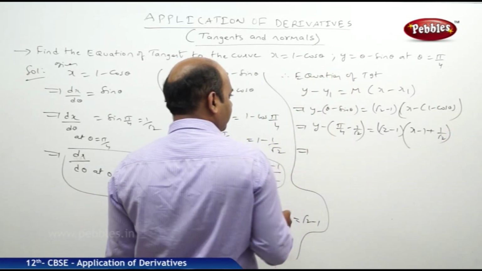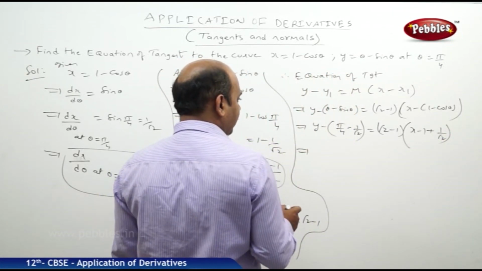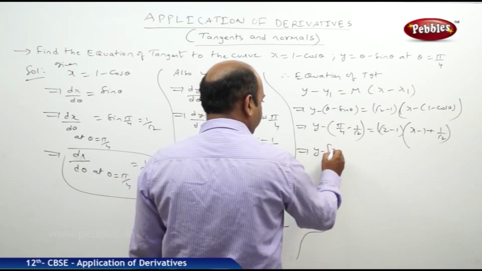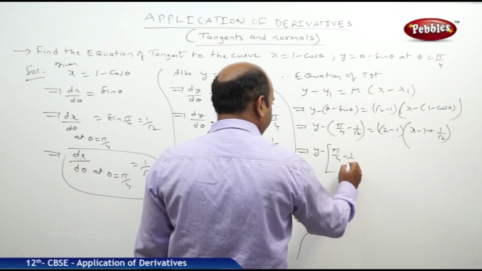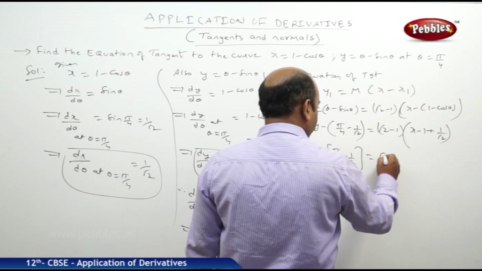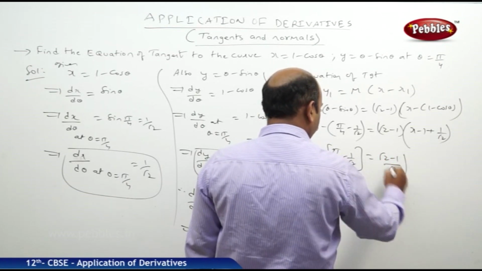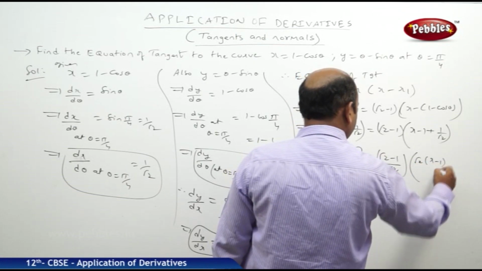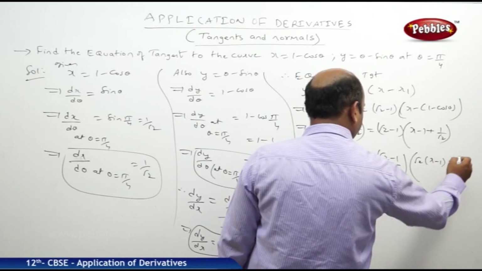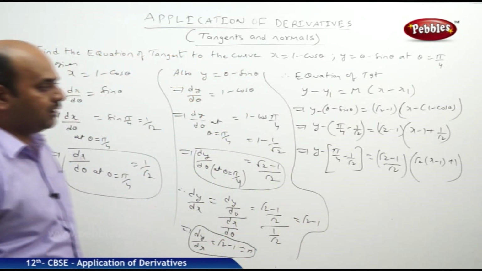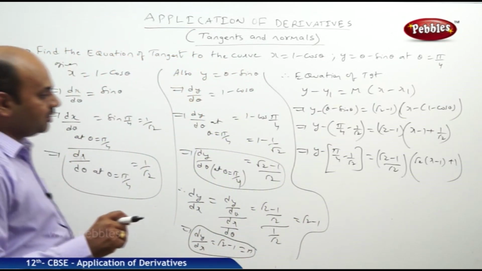So finally we should be very careful in doing our calculations. y minus of, you can just leave it like this, pi by 4 minus 1 by root 2 is equal to root 2 minus 1 by root 2, and here what I will be doing means root 2 into x minus 1 plus 1. So finally what will be our equation? Our equation will be in terms of some irrationals.